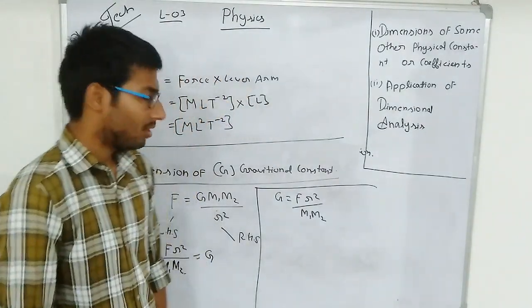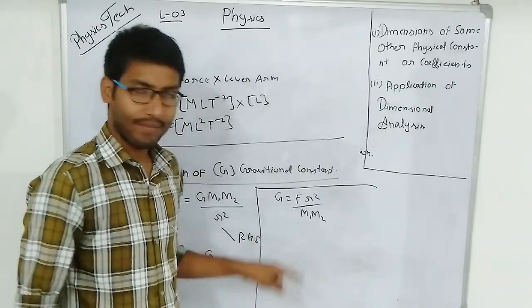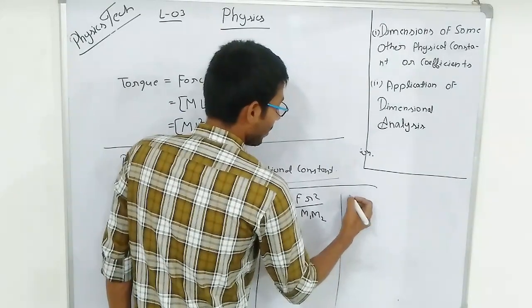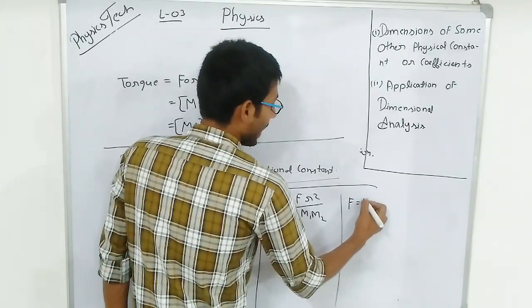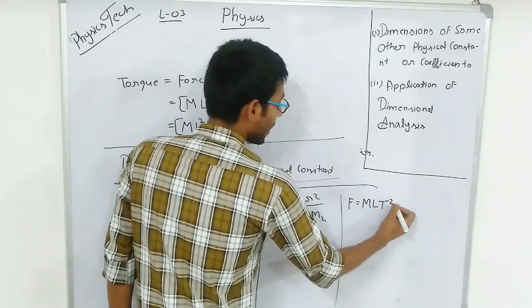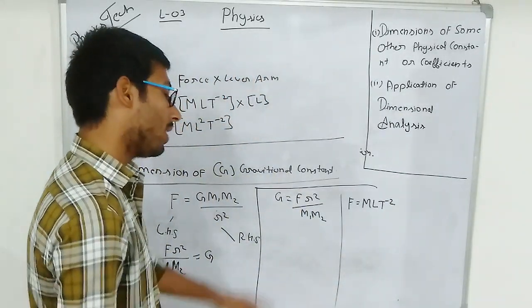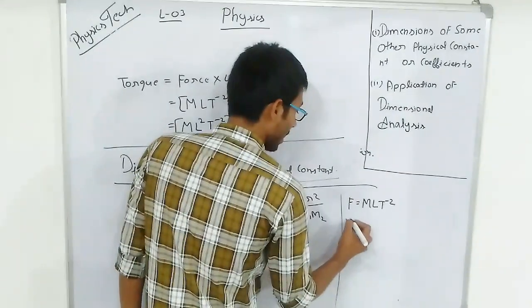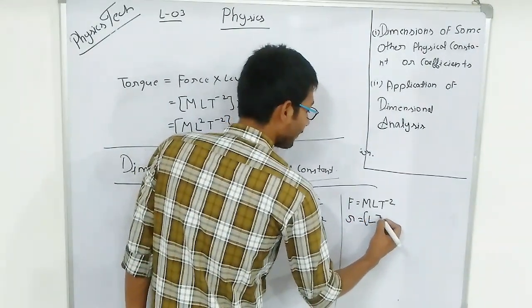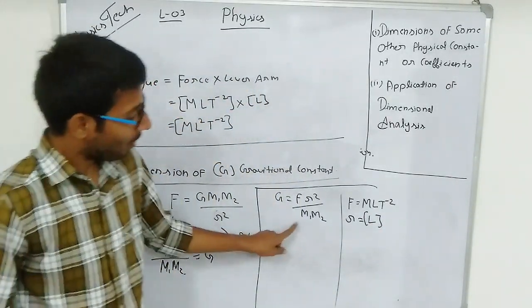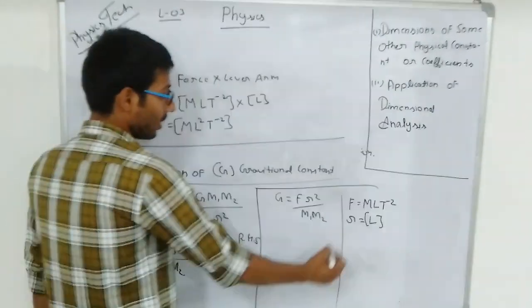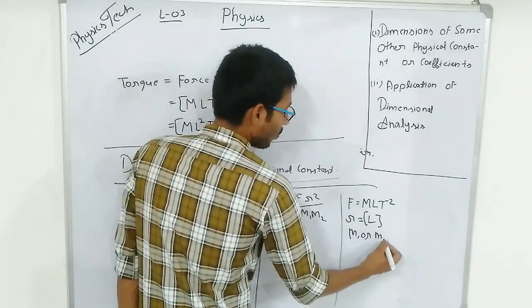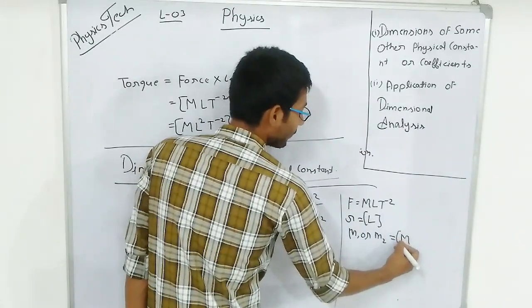We know that the dimensional formula of F, means force, is M L T base minus 2. We know that r is the radius, so it is a length, so here r is equal to capital L. m1 and m2 are masses, so m1 or m2 is equal to capital M.